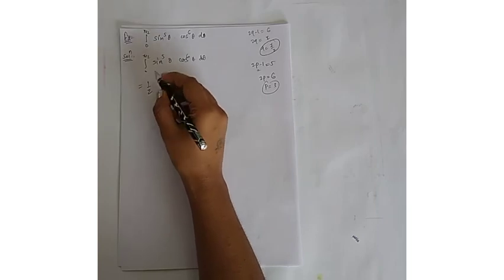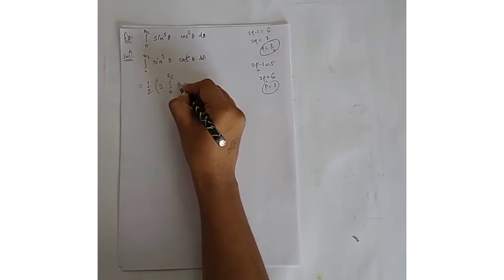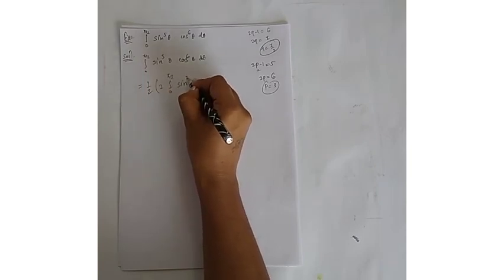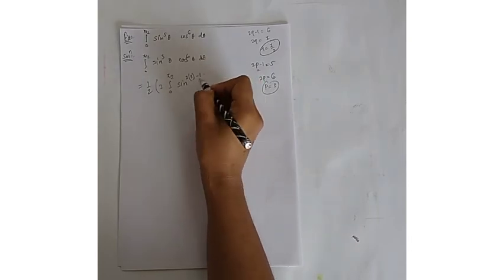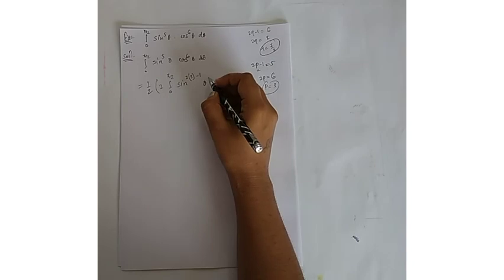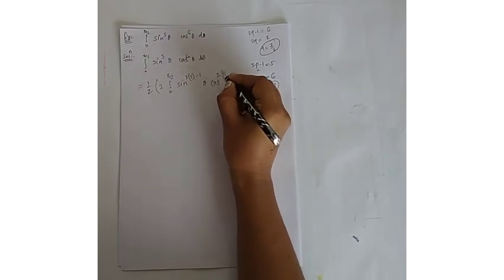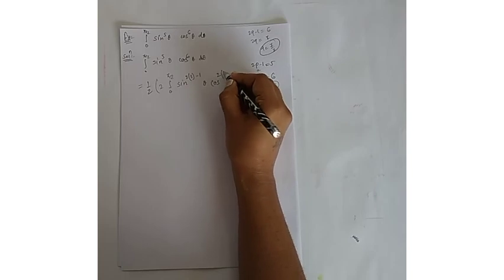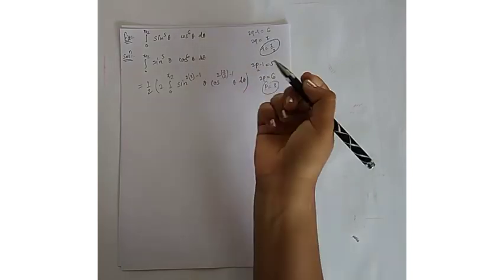Using this, reformulate the integration. So 1 by 2 into 2, integration with limit 0 to pi by 2, sine to the power 2 into p, that is 3, minus 1, theta, and cos to the power 2 into 7 by 2 minus 1, theta d theta.